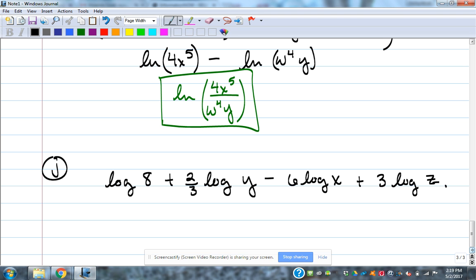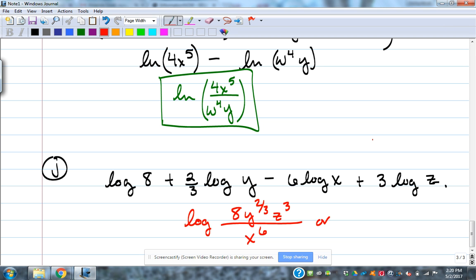So there's 3 pieces that get multiplied together because there's 3 plus signs. Okay, so what does the multiplication turn into? 8 y to the 2/3 z cubed. And then the division is just the minus one. What are we dividing by? X to the 6th.